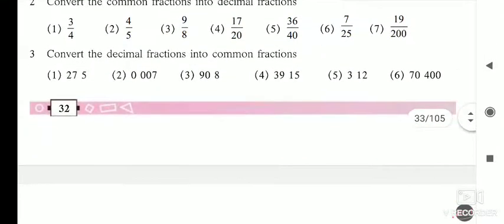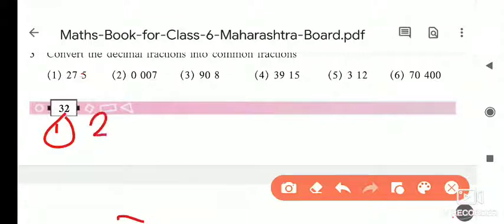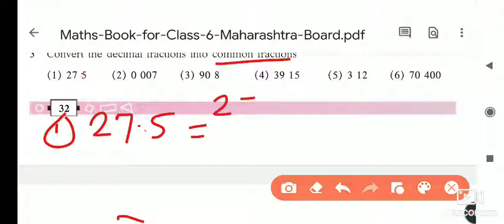So here is the first example, 27.5. We have to convert it into a common fraction. First of all, the first step I told you is to write this number as it is without the decimal point.